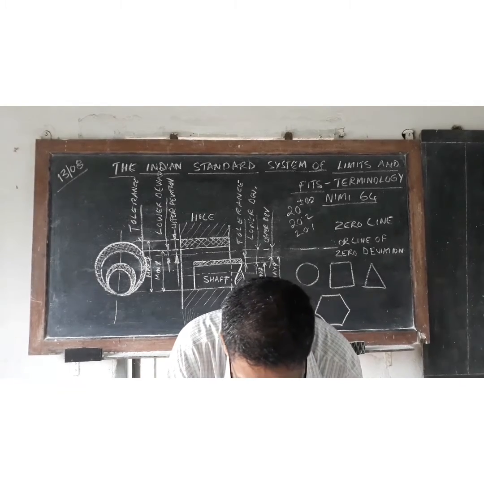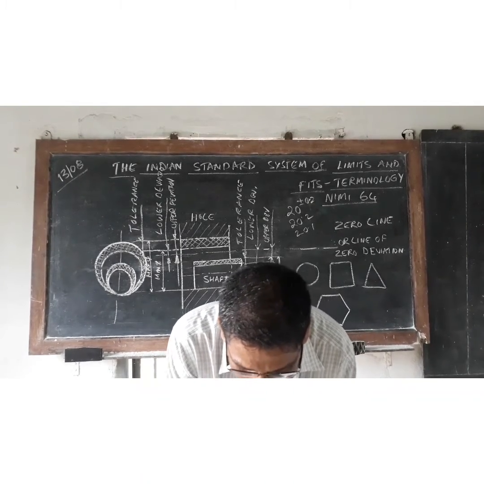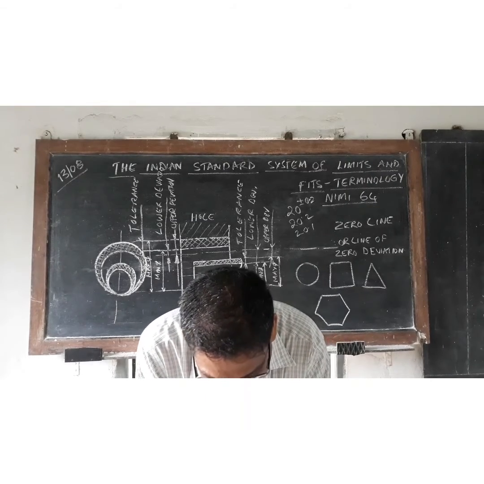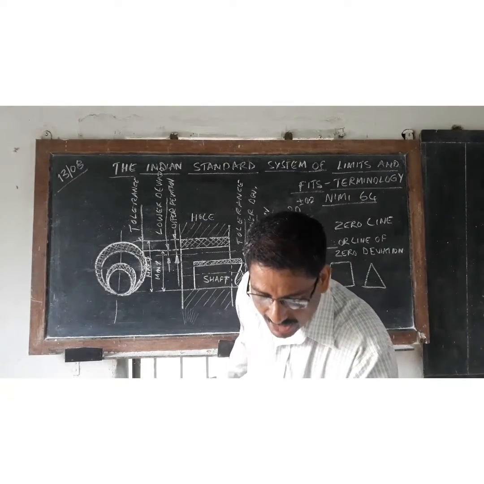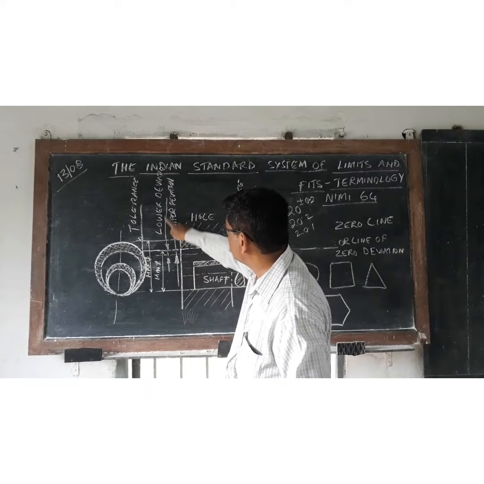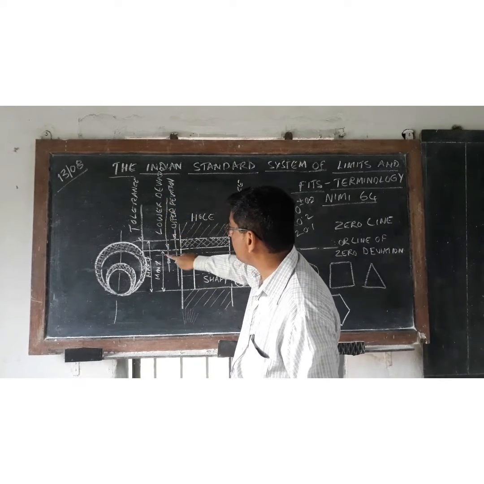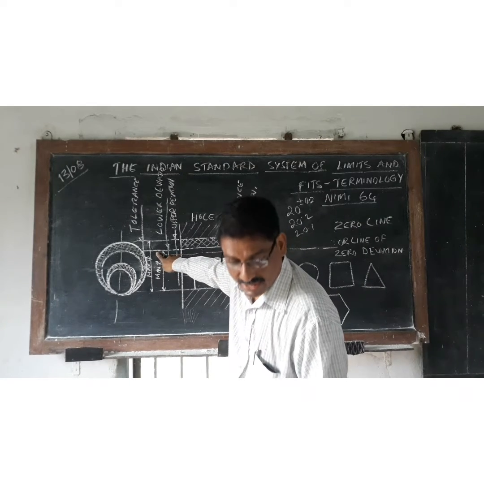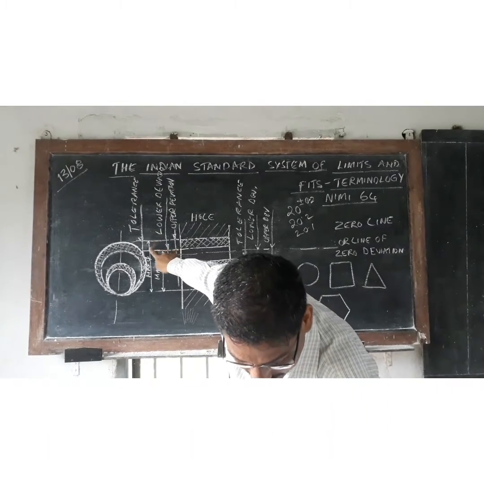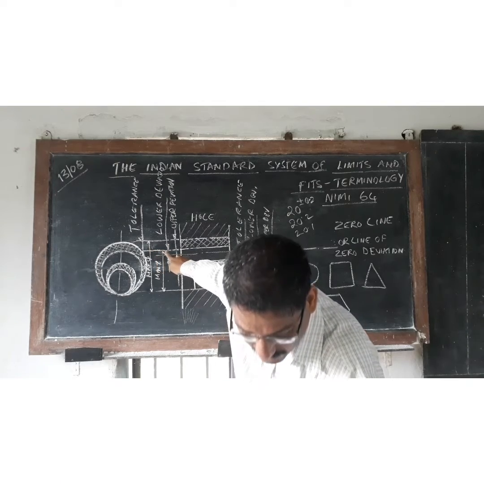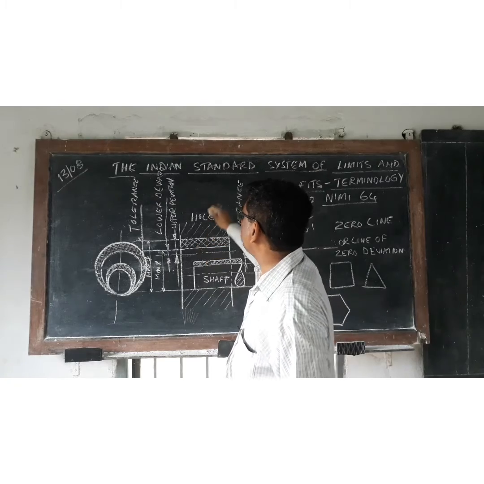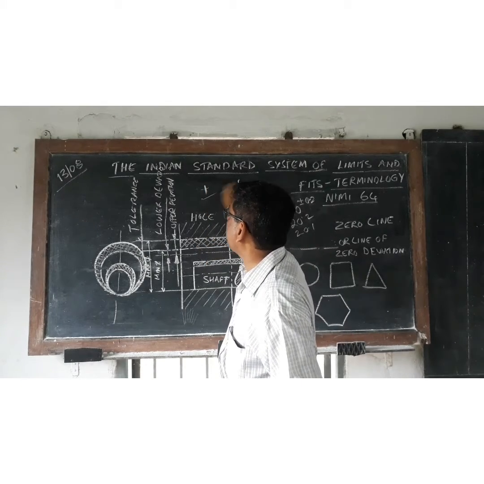Next, deviation. It is the algebraic difference between the size and the corresponding basic size, that is, the zero line. Corresponding to the zero line, that is, the basic size. It may be positive, it may be negative.